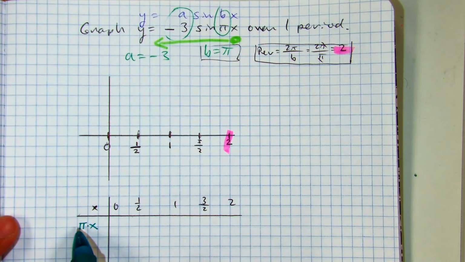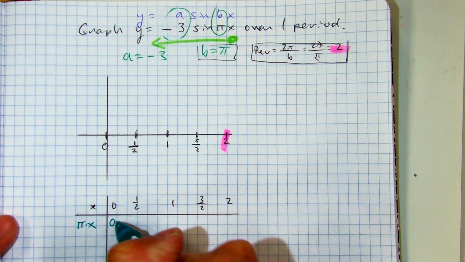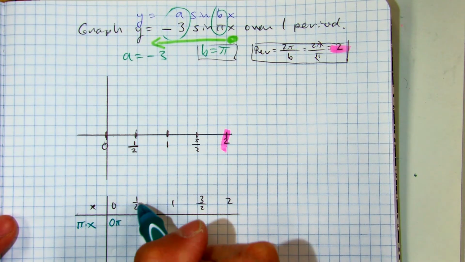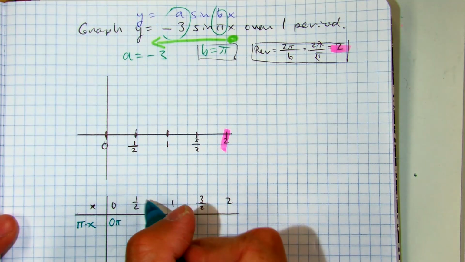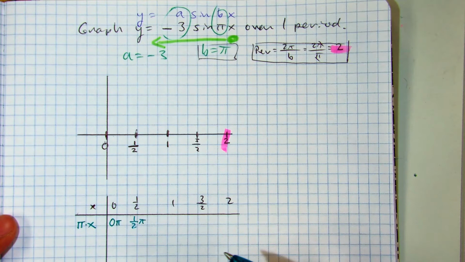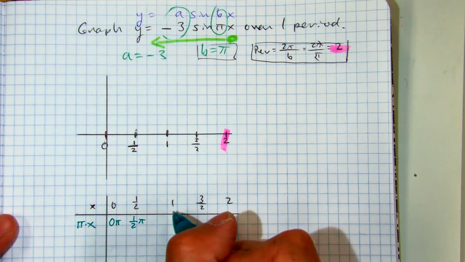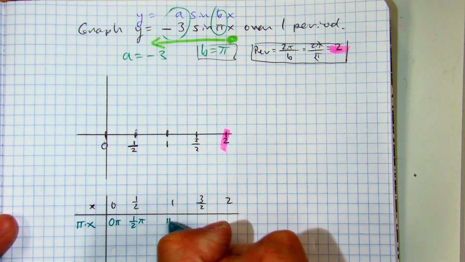Class, what is pi times 0? 0 or 0 pi. Class, what is pi times 1/2? 1/2 pi, or really pi over 2, right? Pi times 1. Pi.